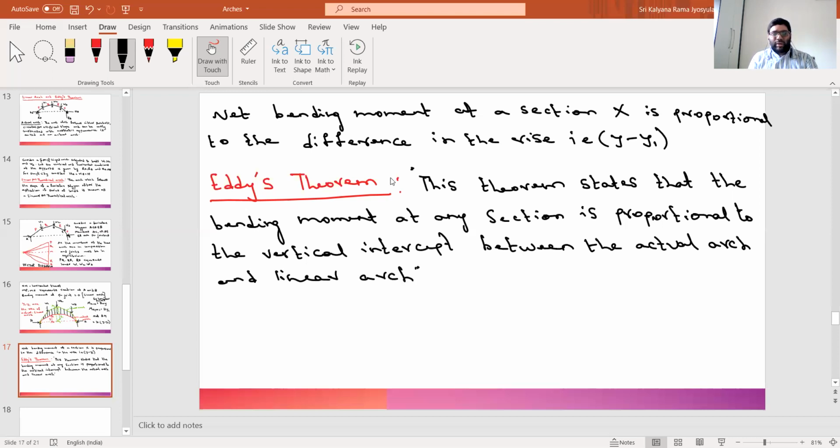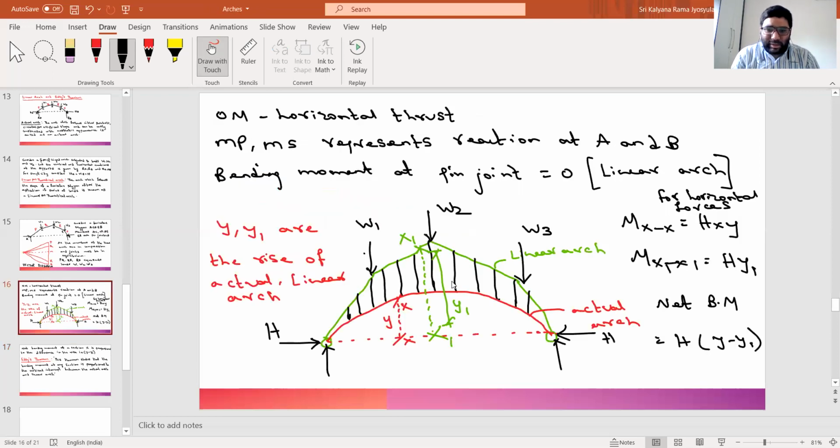So this is an important theorem to be considered for arches, actual arch as well as linear arch. The bending moment at any given section X is proportional to the vertical intercept.